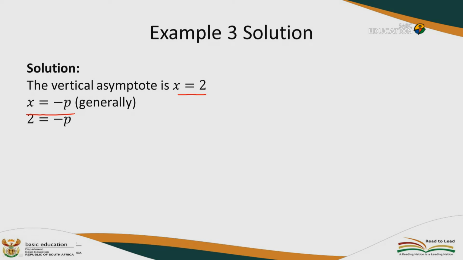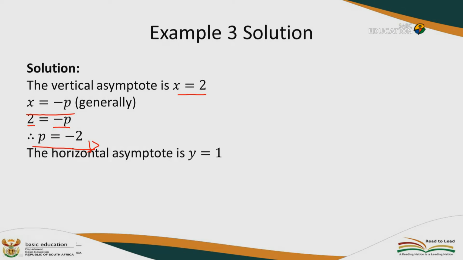But we know our x is what? It's -2, all right? So we can solve for P. If we divide by -1 there, we can clearly see that our P is going to be equal to 2.